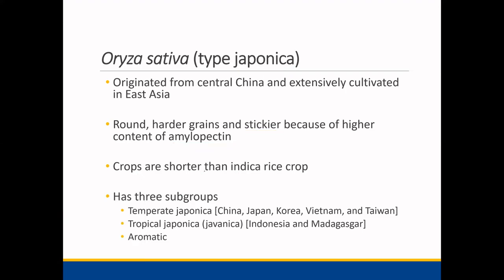And if you look at the morphology of the crop, japonica varieties are shorter than the indica type rice crop. So usually they are shorter crops. That's another morphological difference in the crops.